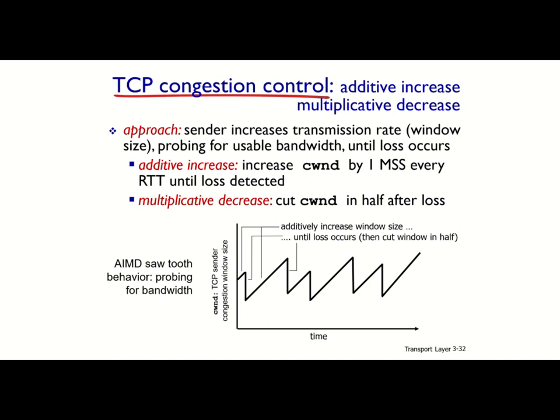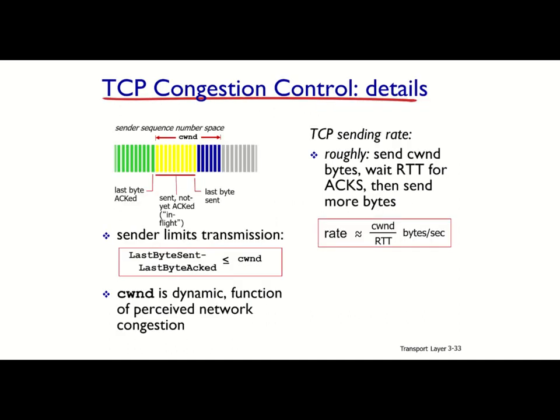So again, CWND specifies the window size, which means that the last byte sent has an index. If you write the last byte sent minus the last byte acknowledged, that value should be less than or equal to the CWND. So the number of bytes in flight has to be less than or equal to the congestion window size.